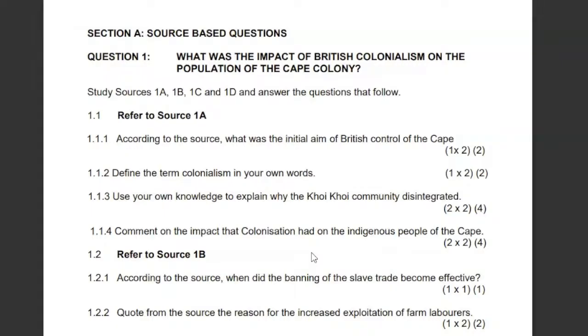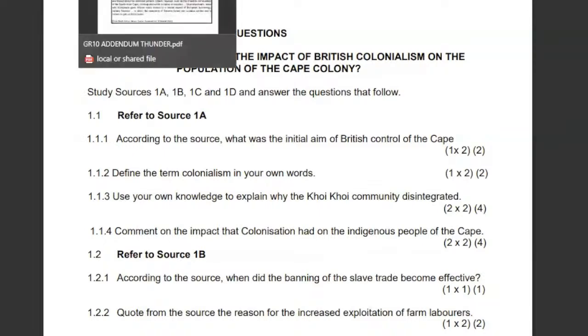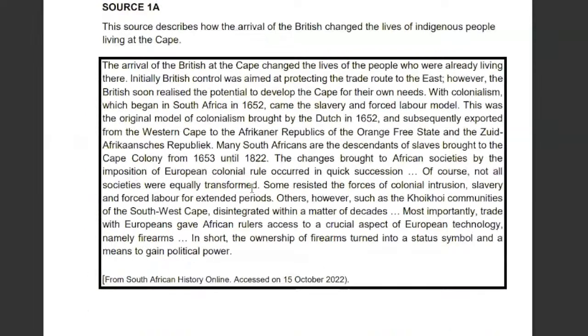The first question says, according to the source, what was the initial aim of British control of the Cape? This is an extraction question, which means we just need to go to the source and see what their aim was.